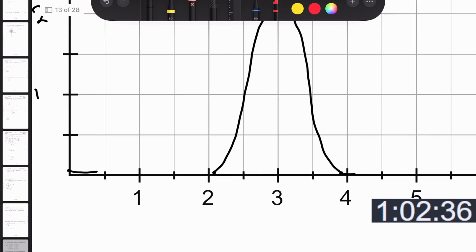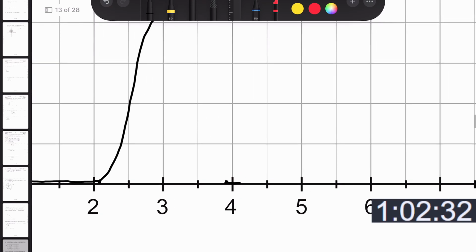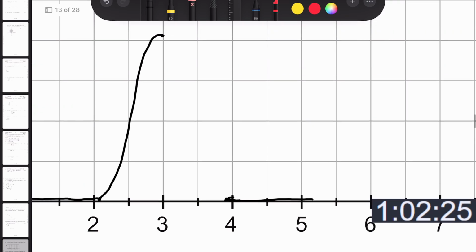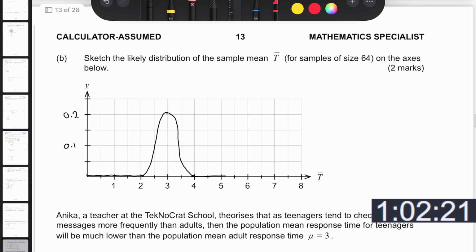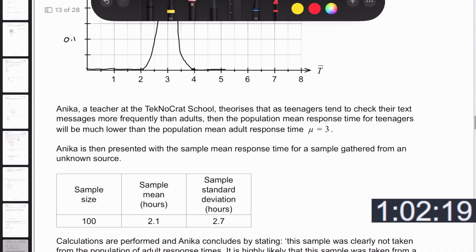Very, very small like here. And then this side will just be like continuing on from there. Like that.